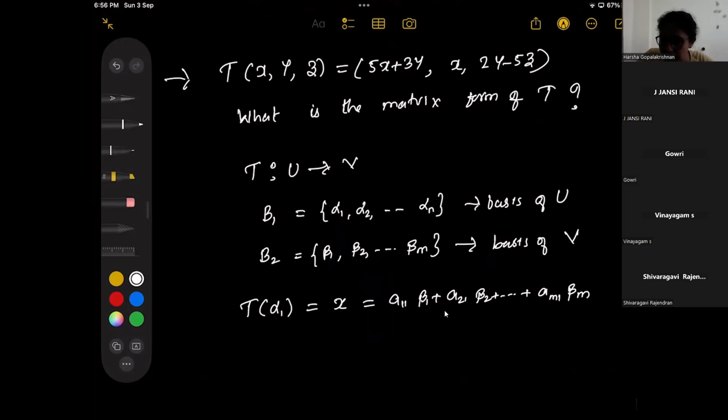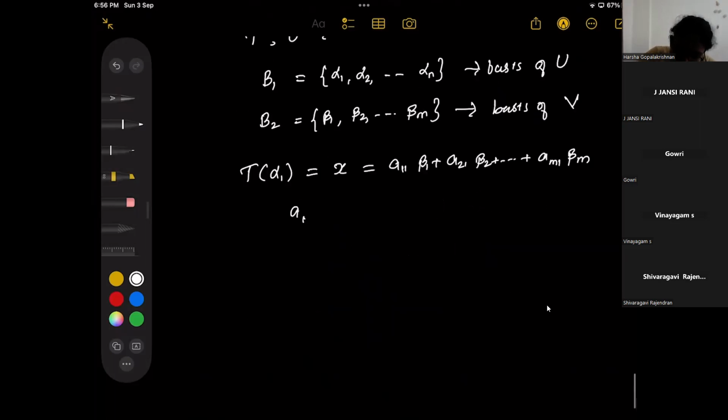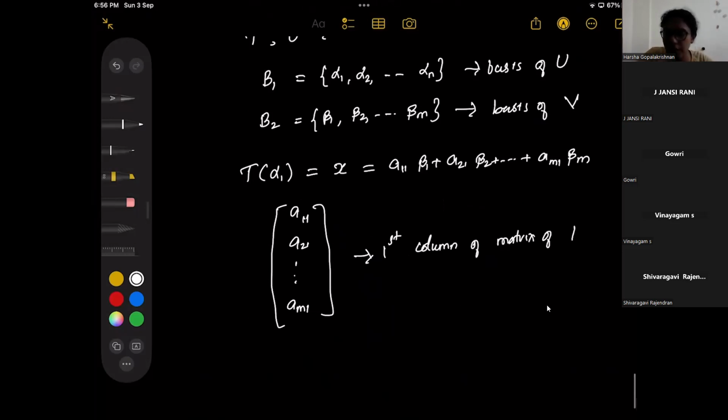So using this representation, we will get m coefficients, A11, A21, etc., AM1. These will be the first column of the matrix of T. In the matrix representation of T, the first column is given by these coefficients.